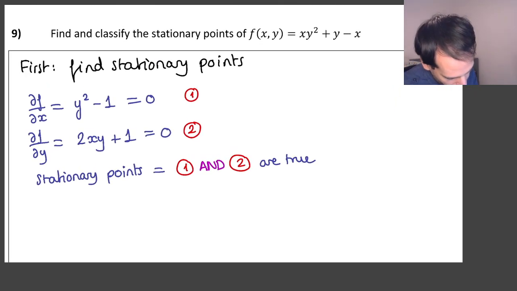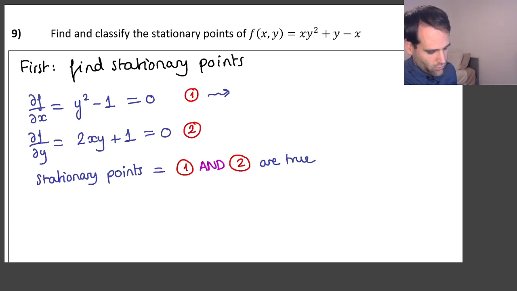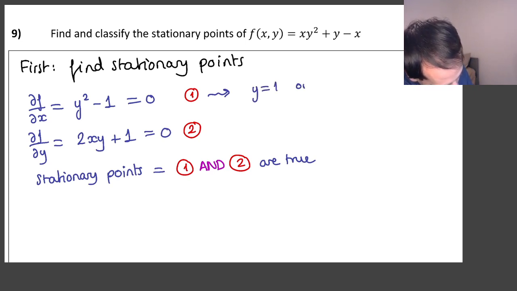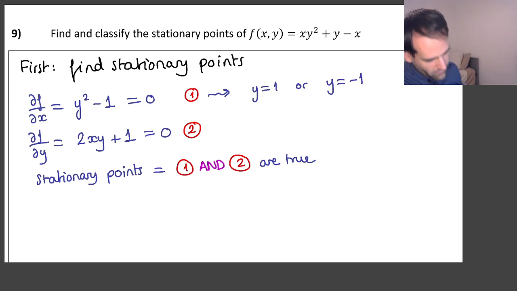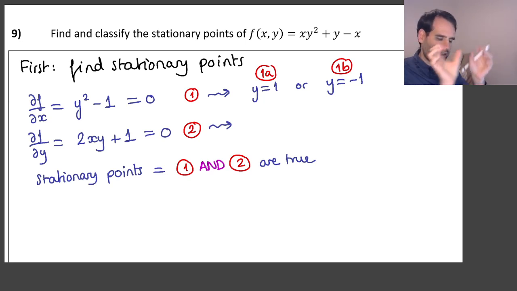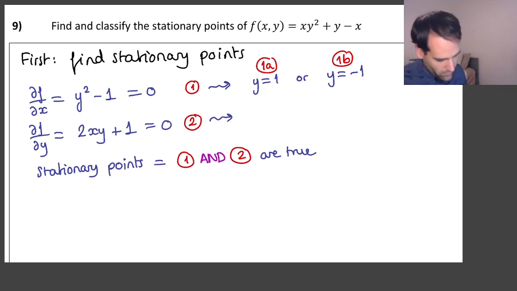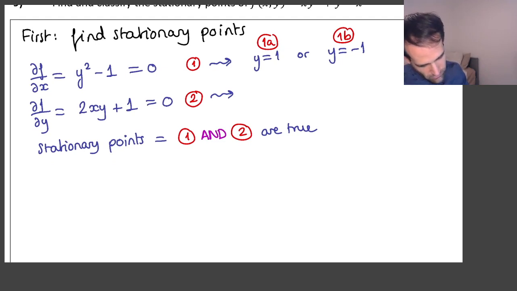First, from 1, it's pretty easy to see that the solutions to 1 are that y is plus 1 or minus 1. So we have y equals 1 or y equals minus 1. Let's call these 1a and 1b. If we substitute this into 2, we need to check both possibilities, right? Because we know that condition 1 is true if 1a is true or if 1b is true.